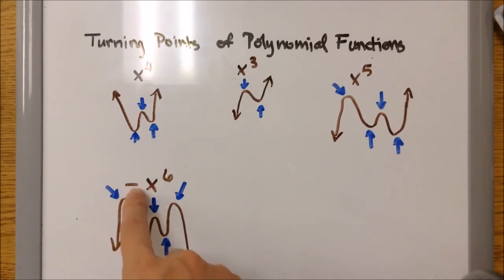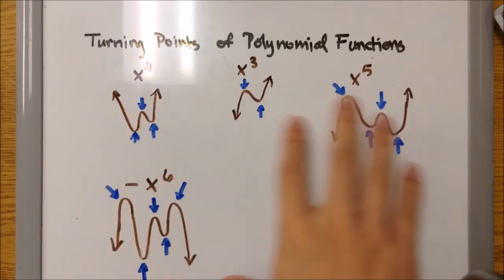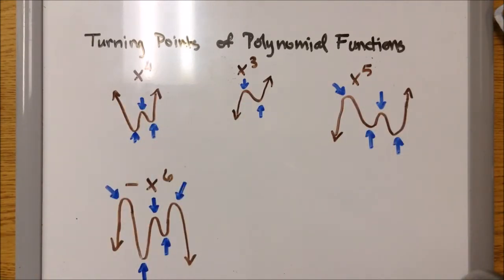And then negative x to the sixth power, so the sixth exponent, there's 5 turning points. So it seems that whatever exponent there is in these examples, there seems to be one less turning point. So what I mean by one less, let's take a look at this one right here.